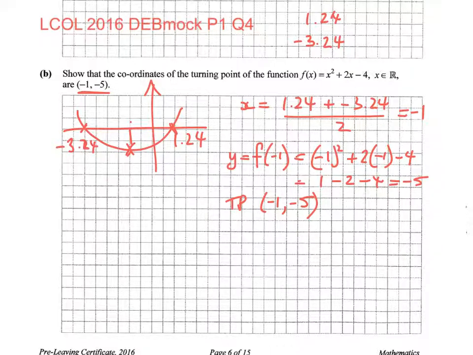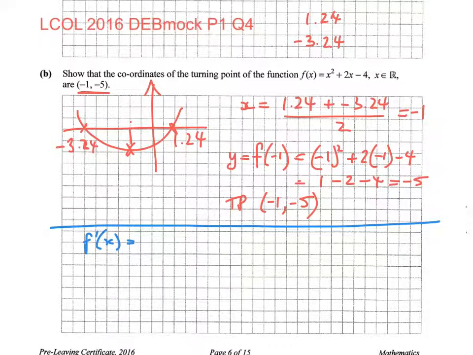This to me is the more intuitive way of looking at it, but no doubt the textbooks would probably look at doing a more algebraic approach and maybe using calculus. So for any turning point, and for something more complicated than a quadratic, if you were doing a cubic, you would have to do this following method. We can take our function and differentiate it.